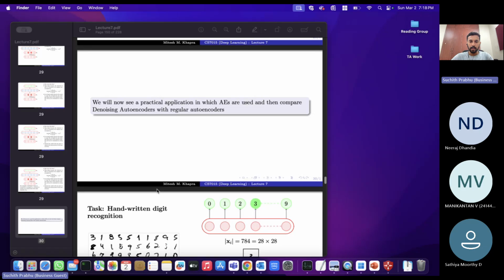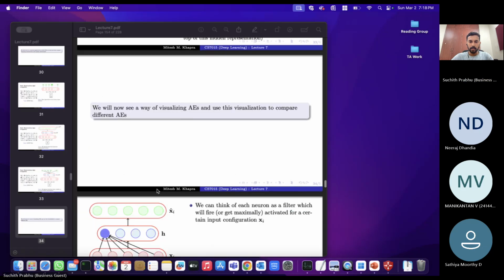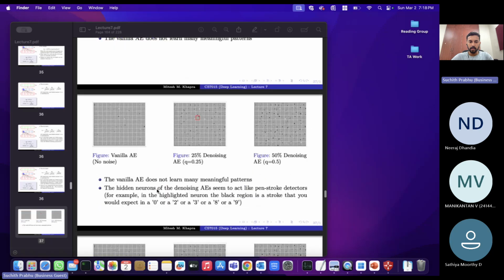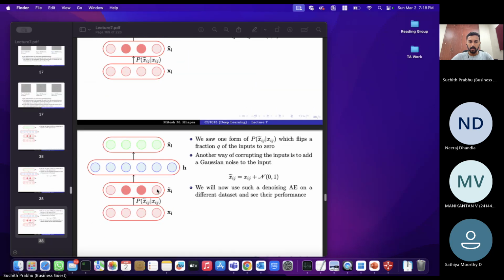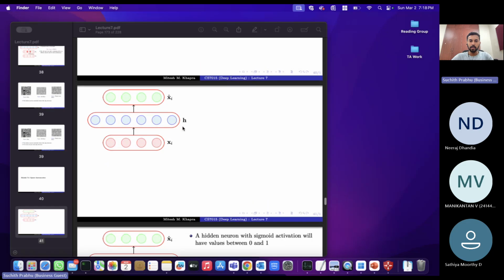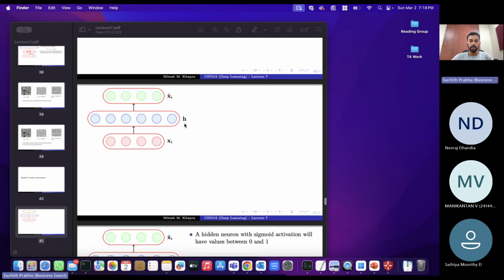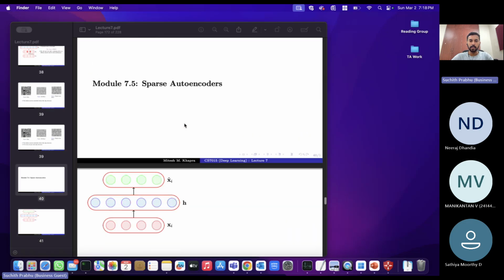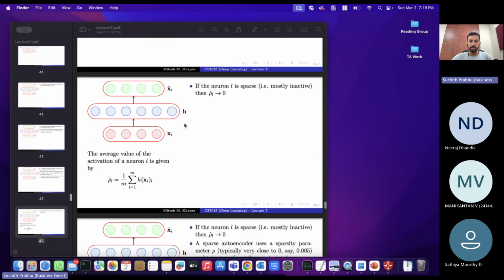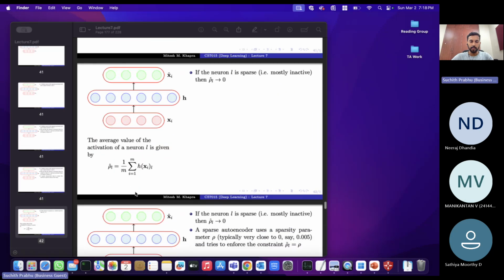And then after that, we looked at the sparse autoencoder, where we want the activations in the hidden layer to be sparse. So we add an additional term to the loss function to get that desired behavior.